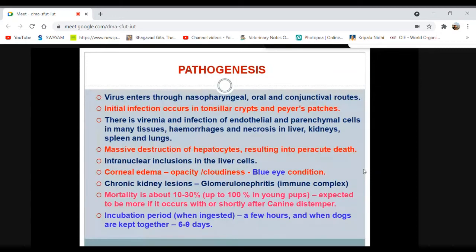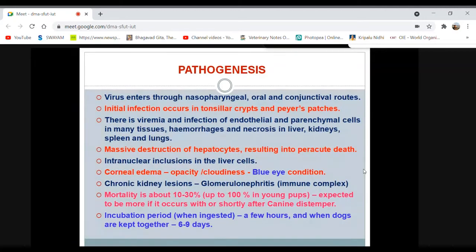Most of these vessels, organs and tissues I have mentioned, liver, kidneys, spleen, and sometimes lungs, are affected by this infection, where hemorrhagic and necrotic changes mostly occur. There will be massive destruction of the hepatic cells.